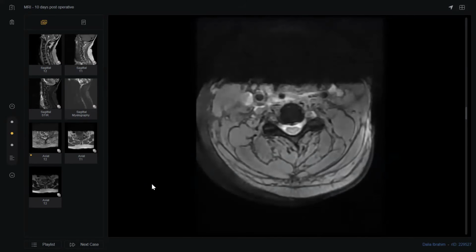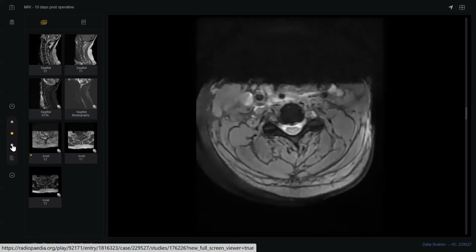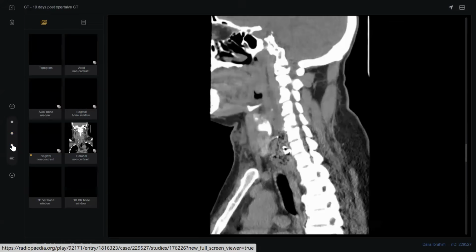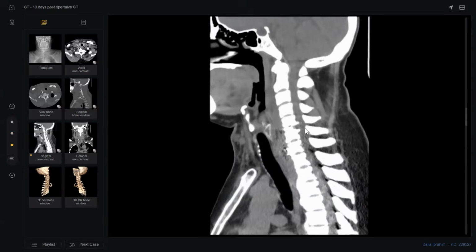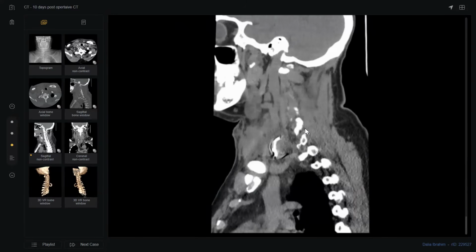What is your next step? Do you want to do any other investigation? Sir, I would like to do a CT angiogram of the neck. This is the CT. What do you think?